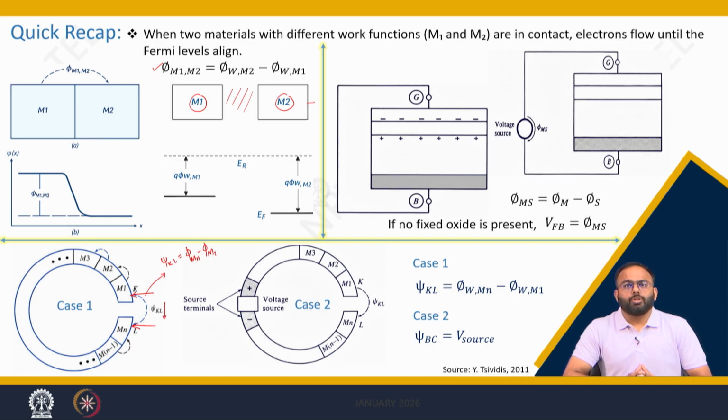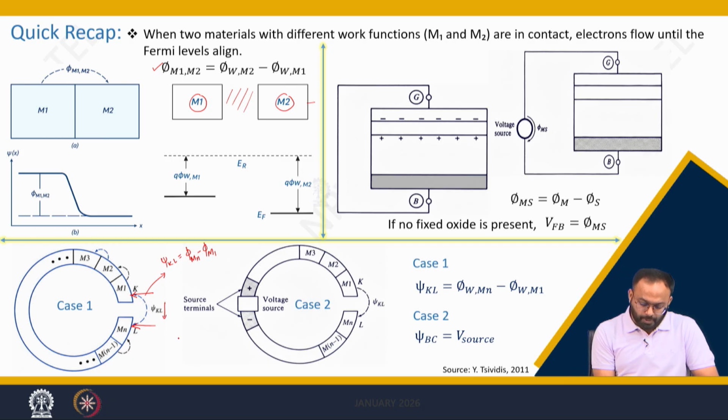We also argued, can we measure this contact potential by a common voltmeter? We have taken an example of a PN junction diode, and we said that you cannot simply measure the built-in potential of a PN junction diode by a voltmeter, because the contact potential formed at the P side and N side exactly counterbalances the built-in potential formed at the junction, which is psi_bi.